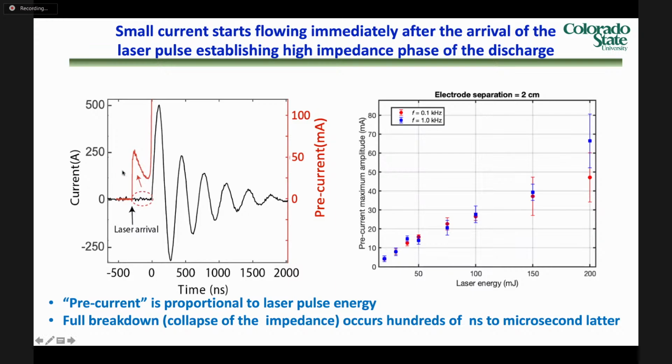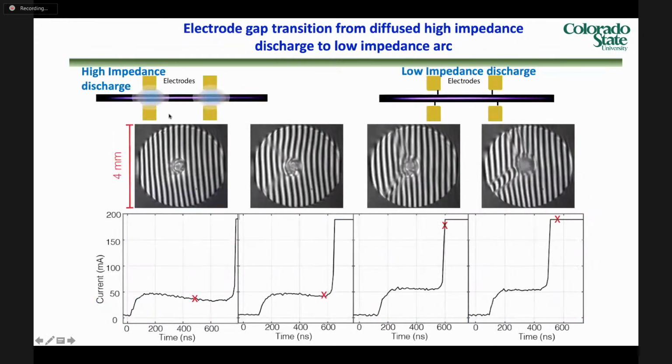Basically, the impedance of the discharge collapses. This pre-current, we measure it to be pretty much directly proportional to the amount of laser pulse energy that forms the filament. And we further study the effect of this, what we call pre-current, the small current before the full breakdown, by axial interferometry.